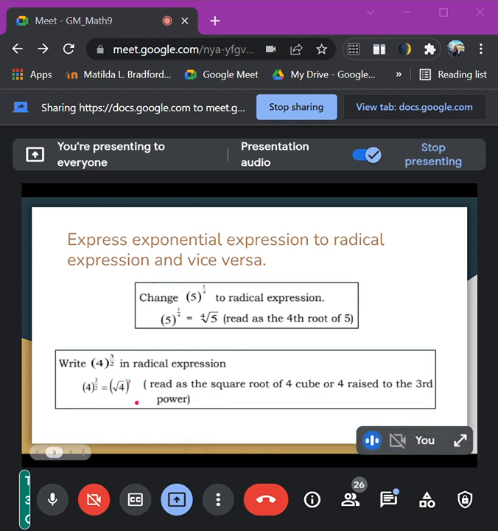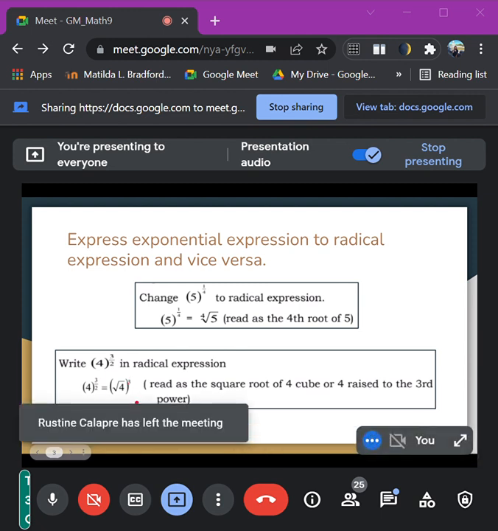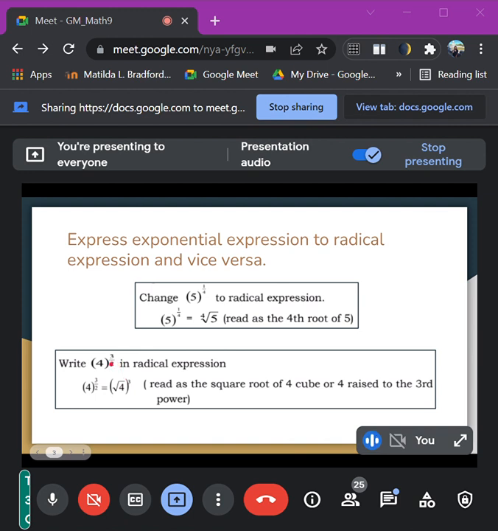Or you can write that one inside parentheses. So, imong numerator naa na siya imong exponent, and then ang denominator kay naa na siya imong index. Then, ingon man ko, if 2 na gani na siya, it's okay na dili write 2 sa imong index. So, if we're going to read that one, that is square root of 4 cubed, or 4 raised to the third power. Okay? Square root of 4 cubed.